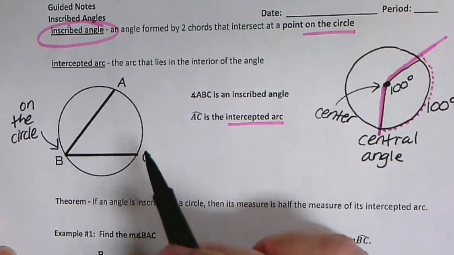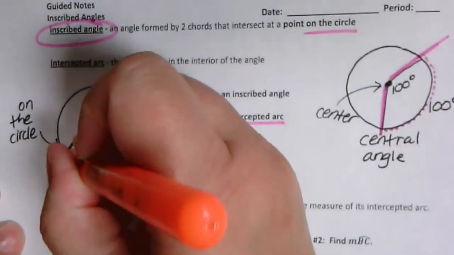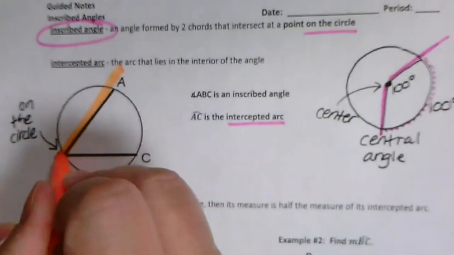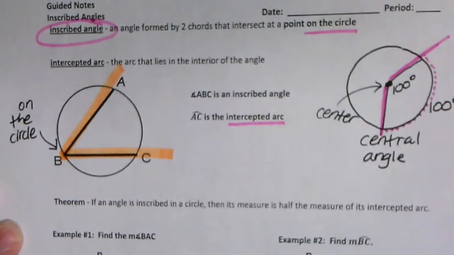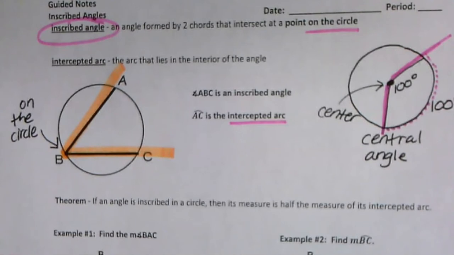It is the circle. Okay, so the inscribed angle here would be angle, there's one side, there's the other side, angle ABC, or we could call it angle CBA. Either way, that's an inscribed angle because its vertex, point B, is on the circle. Now, an inscribed angle also intercepts an arc.